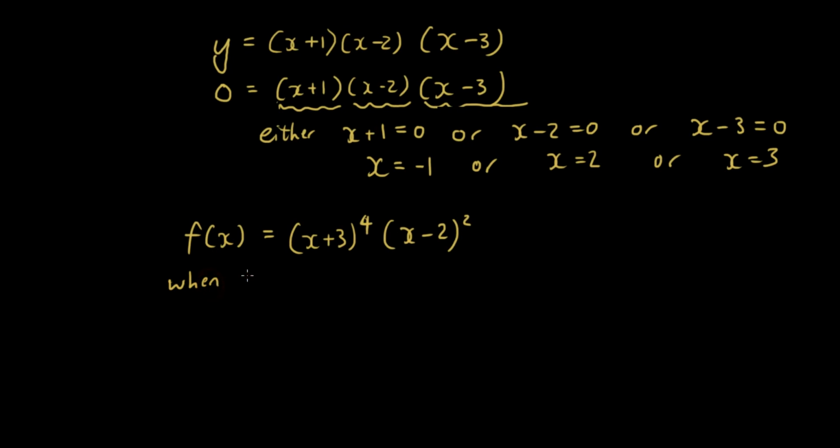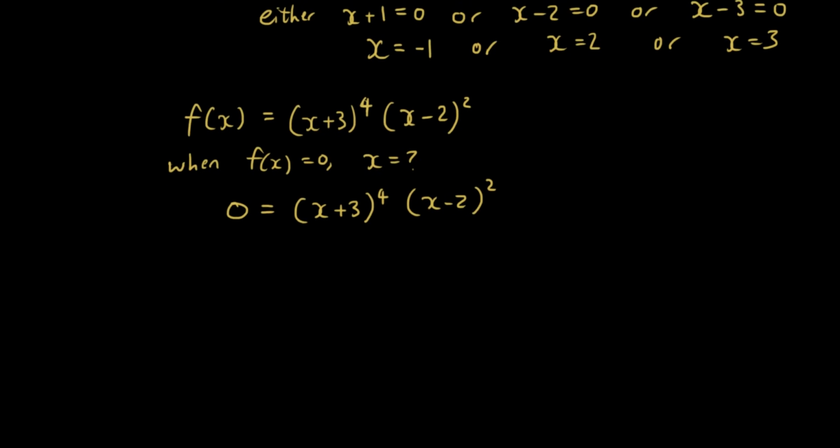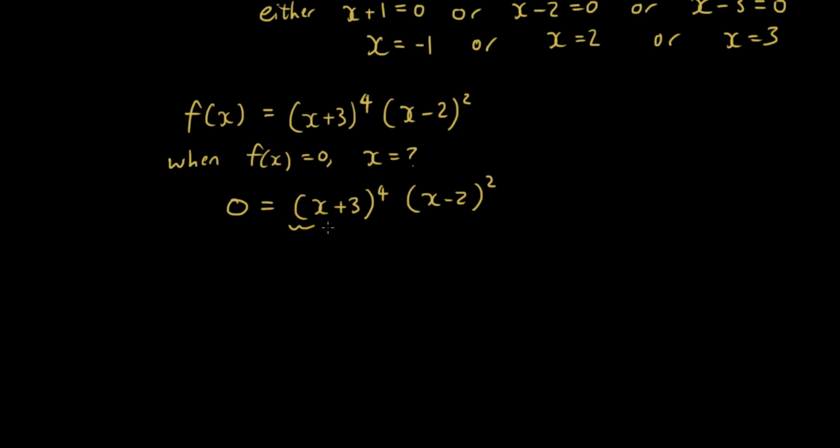So when f of x is equal to 0, what does x equal? So we go 0 equals (x plus 3) to the power of 4 times (x minus 2) to the power of 2. We can think of this as two terms, a and this is b. A times b gives you 0, so one of them must be 0.